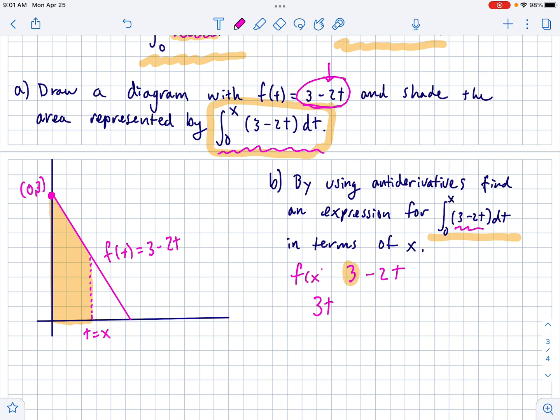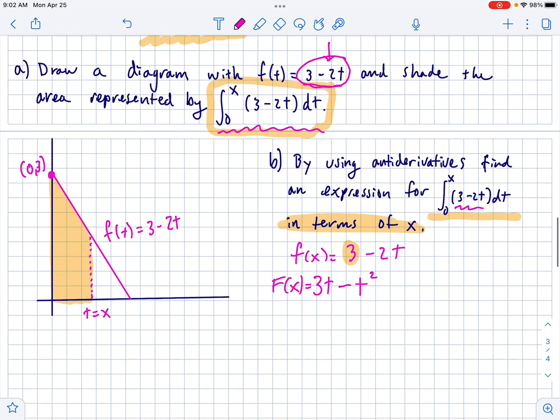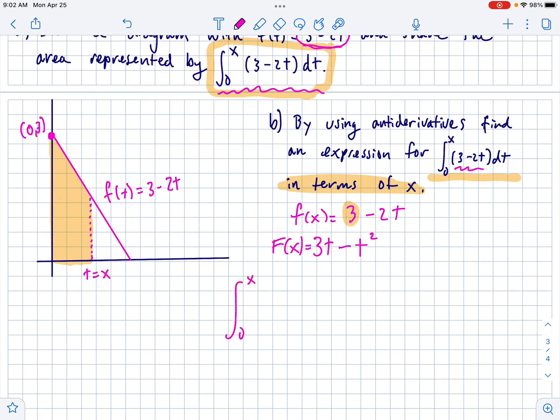So if this is f of x, this is capital F of x, 3t, and then minus t squared, I think is how that would work. Because if you take the derivative of negative t squared, the 2 comes out in front, the power drops down 1, you get negative 2t. So that's it in terms of t, but they said to find it in terms of x. So really, we're just going to say this, that 0 to x, I'll rewrite the original problem, 3 minus 2t dt is going to be equal to 3x minus x squared.